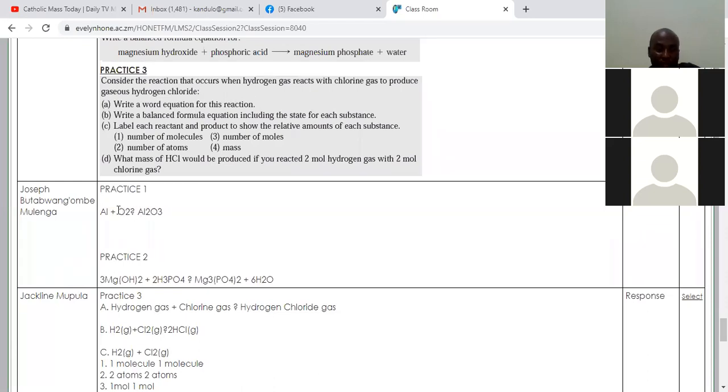So the first thing you put is a 3 there, then you also put a 2 there, to balance the oxygen by factoring. Then what will remain is a 4. So it will be 4 Al plus 3 O2 giving us 2 Al2O3. So this is how it should go.